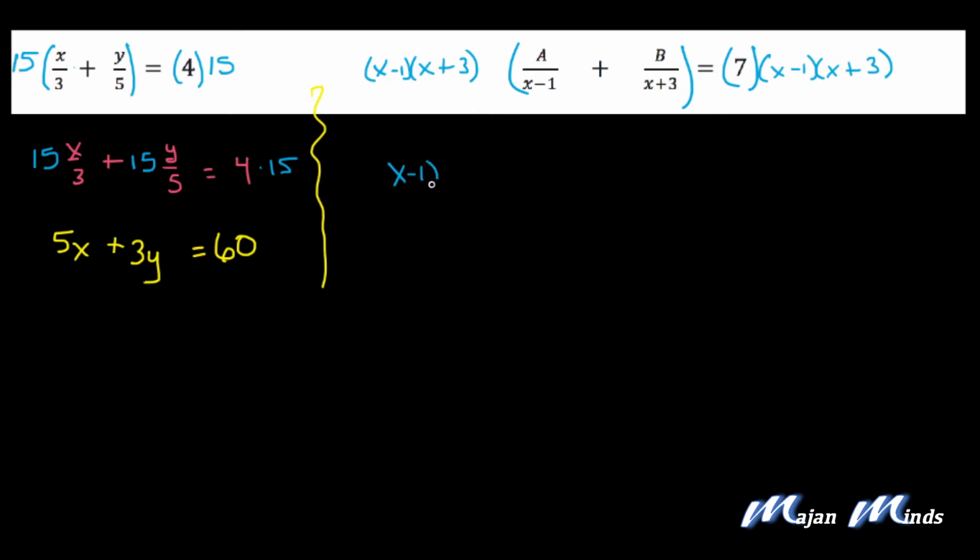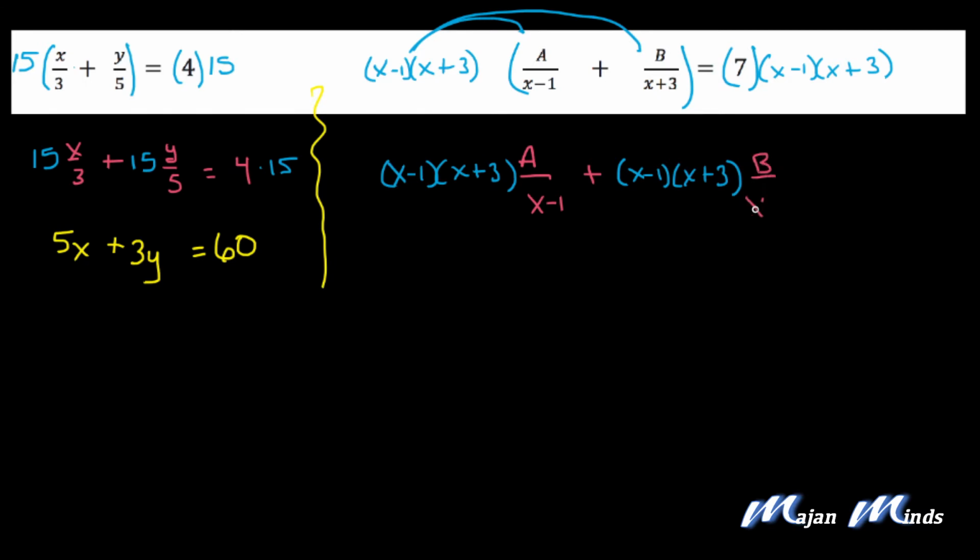And that will leave us with x minus 1 times x plus 3 multiplied by a over x minus 1 plus, and again, this step I'm writing here, you may not need to write it. You may be able to do this in your head. Now we're doing this part. We just did that. Now we're doing this, and that's going to be multiplied by b over x plus 3, and that's going to equal 7 times x minus 1 and x plus 3.